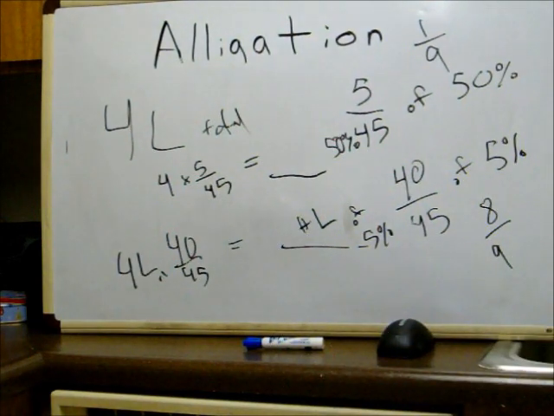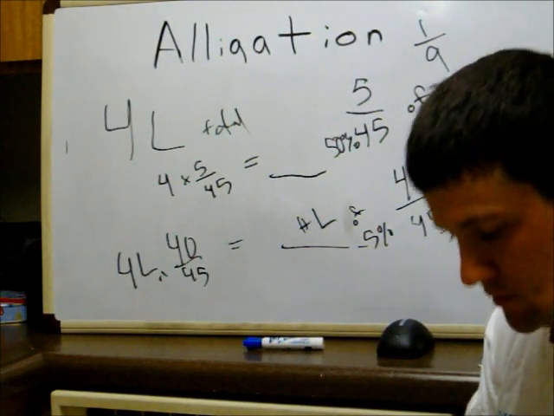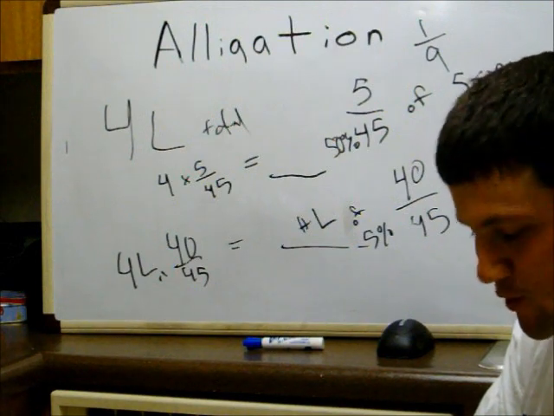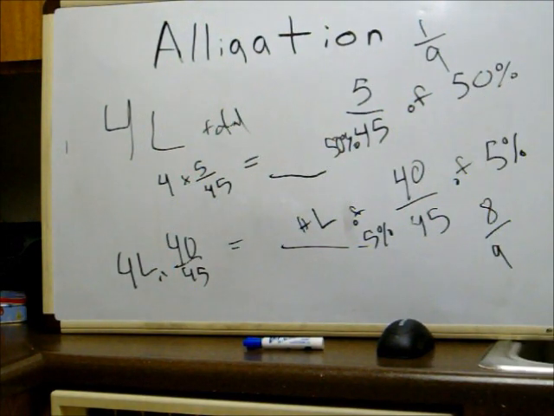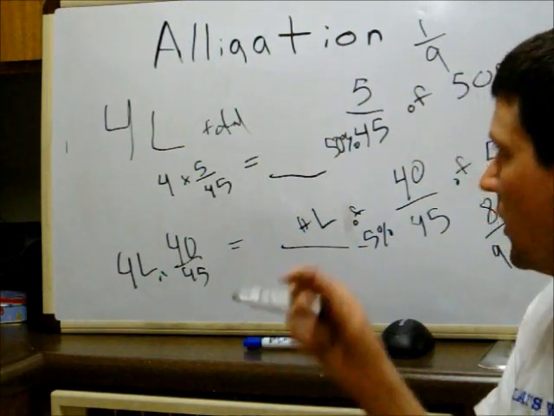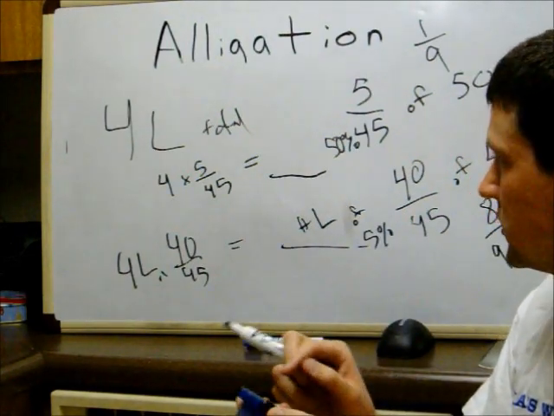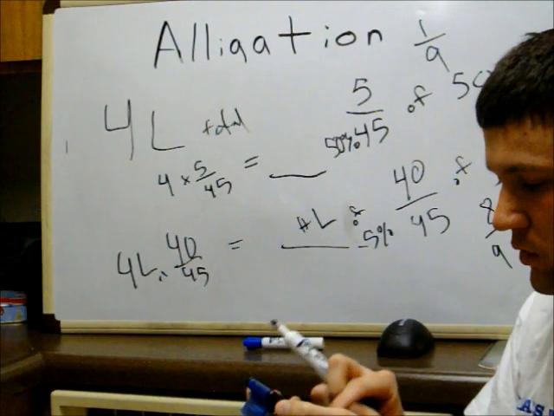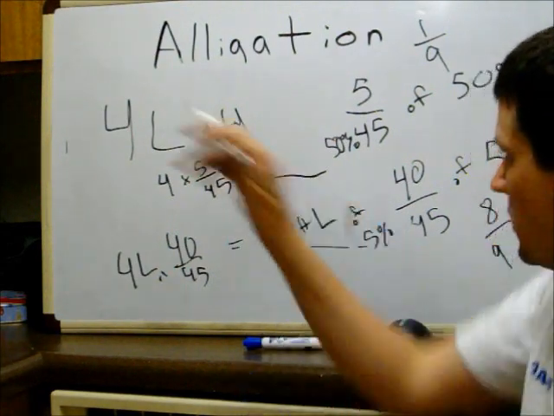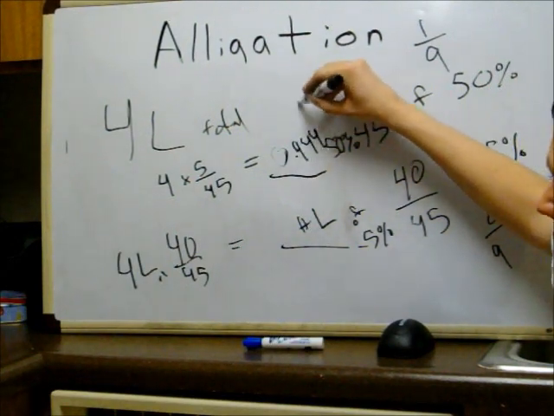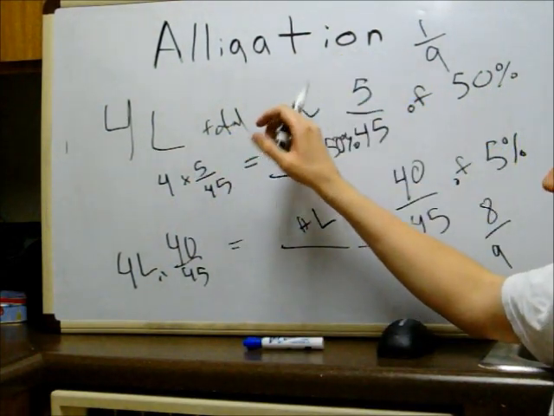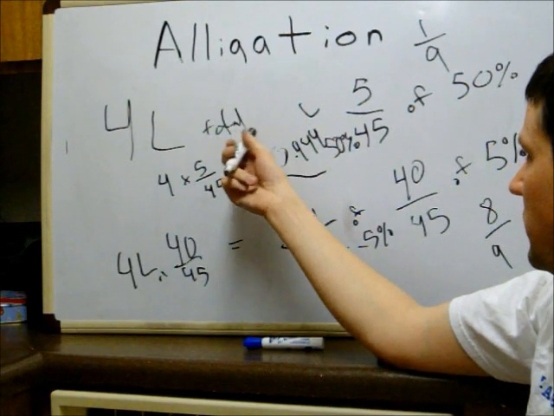And just to save some time, I'll just look at the answer. Forget it. I'll just do it. So we're going to multiply 4 liters times 5 over 45. So this should be 0.444 liters of our concentrated.